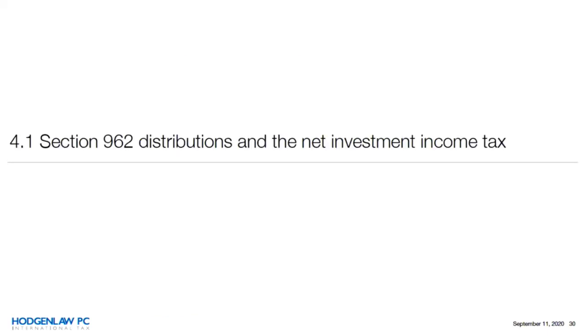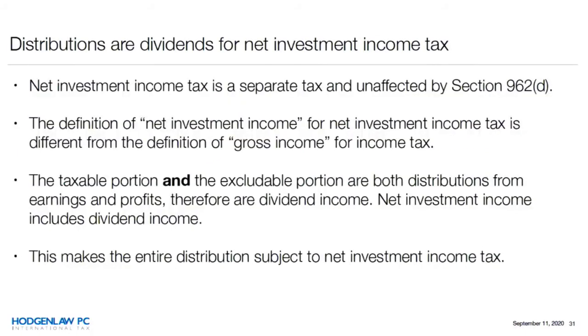So let's go through this. This is a lot more moving parts than the previous ones. First, let's talk about our favorite little gratuitous tax, the 3.8% net investment income tax.